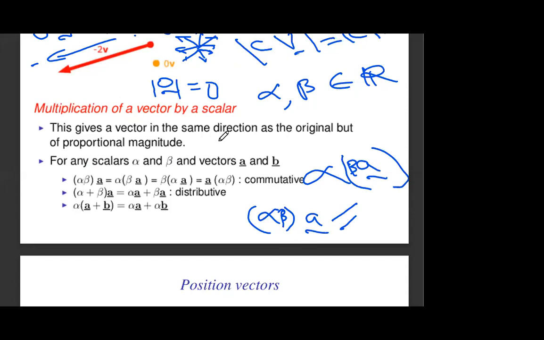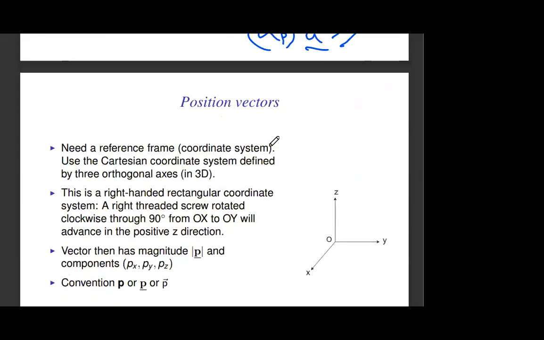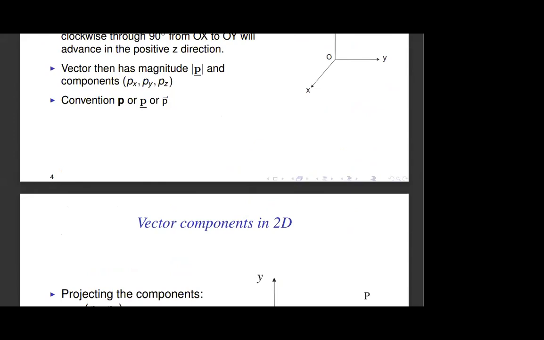Similarly, you can swap these two scalars, because the set of real numbers has a commutative property under multiplication and addition. Alpha, beta are real numbers.